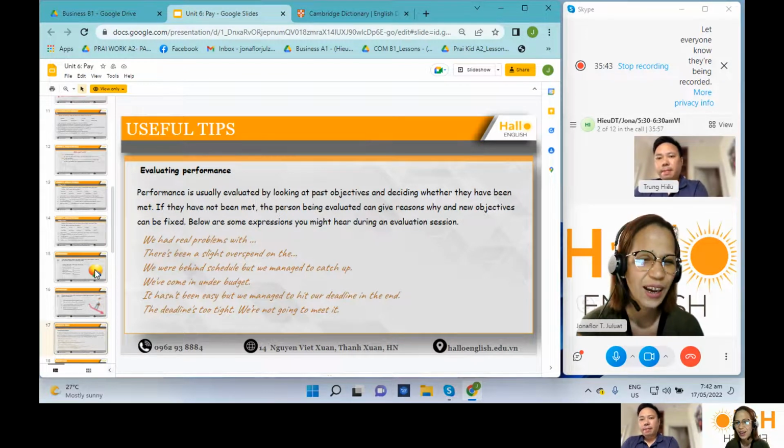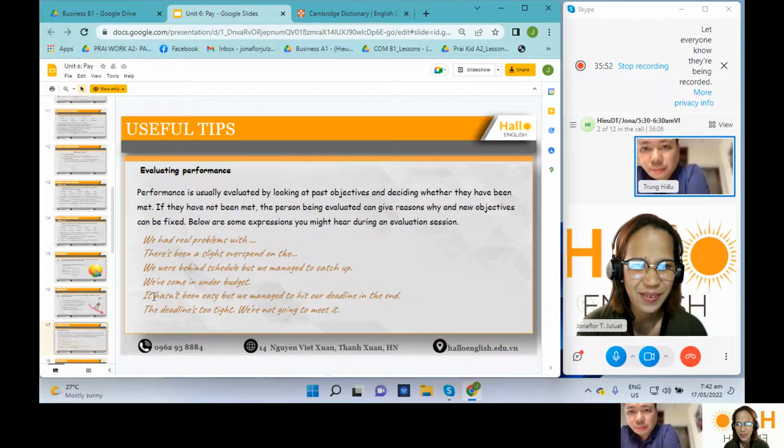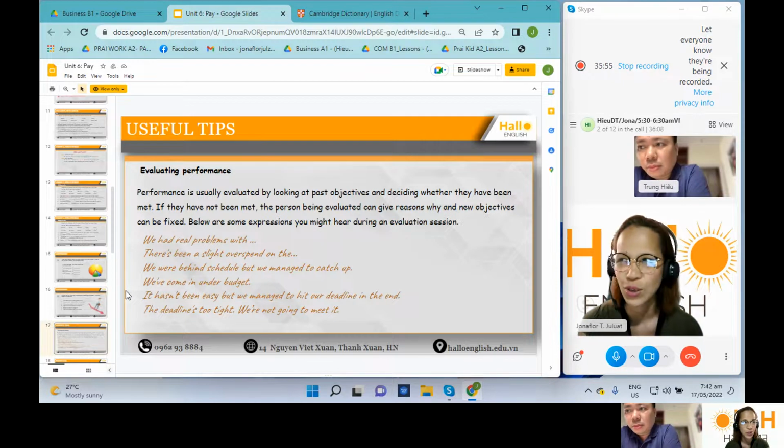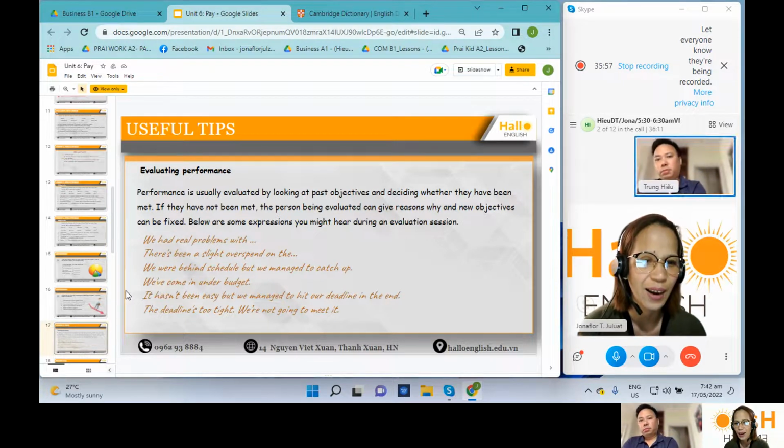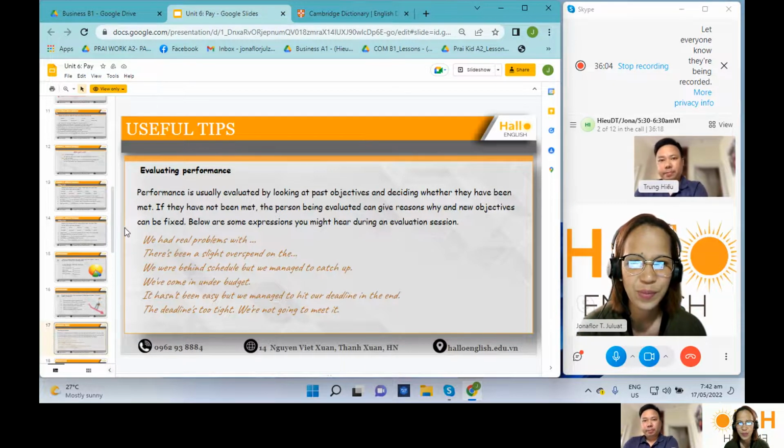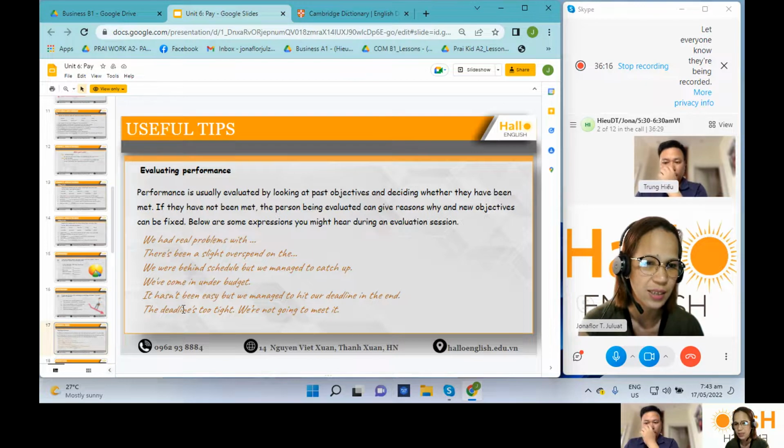Have you experienced using these expressions? For example, if you were not able to meet the objectives. If they have not been met, the person being evaluated can give reasons.